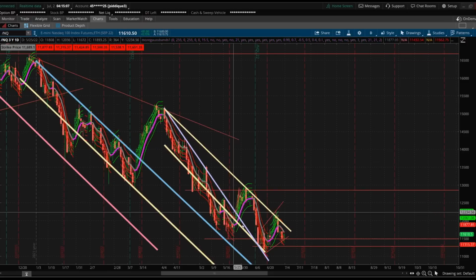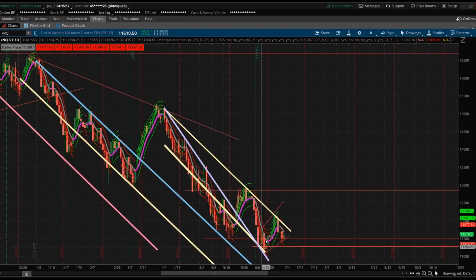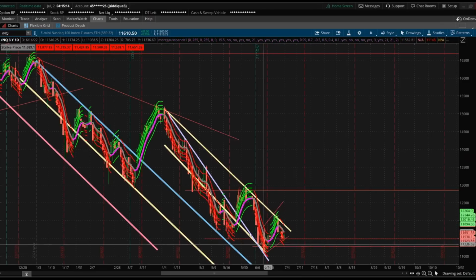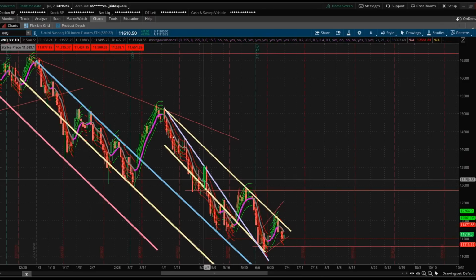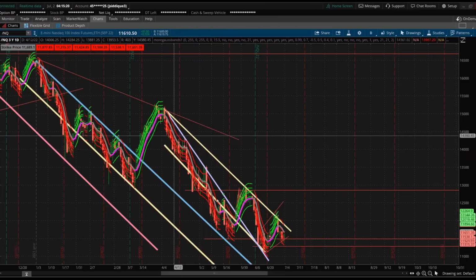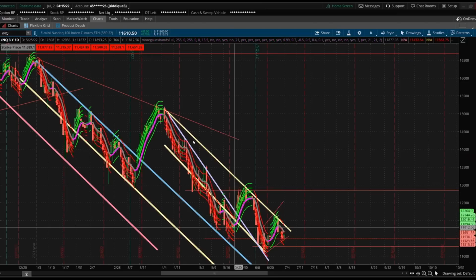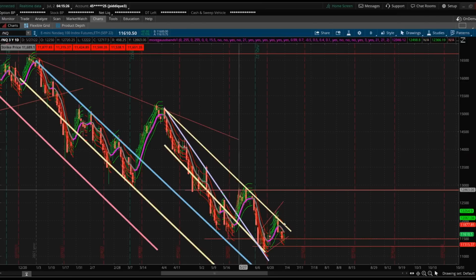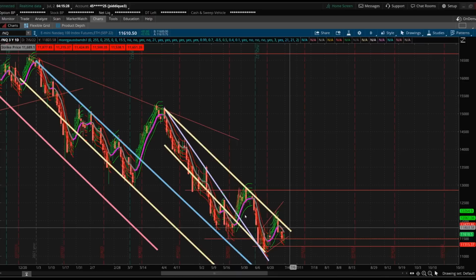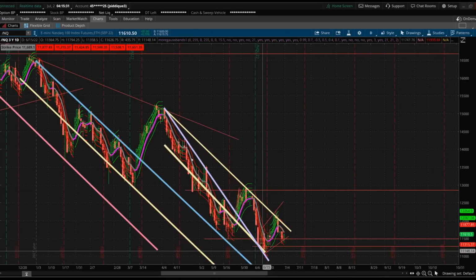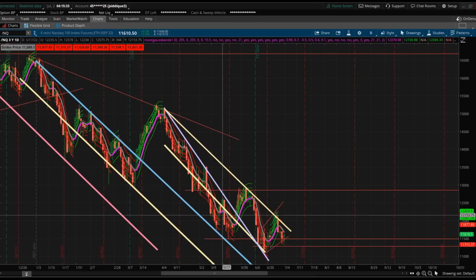And now the bottoms of the upper half of this channel are hitting that split line right there. So before, the split line was the tops of the candles, tops of the downtrend line. And now if you take this new downtrend line, this top of this channel, it's forming the bottoms. So the same resistance is now new support.